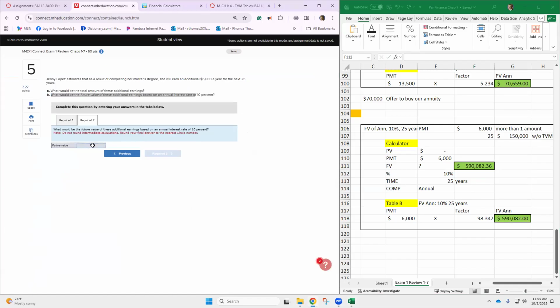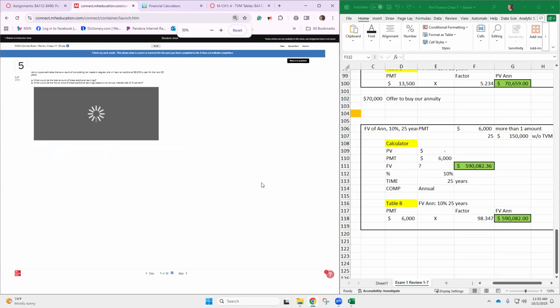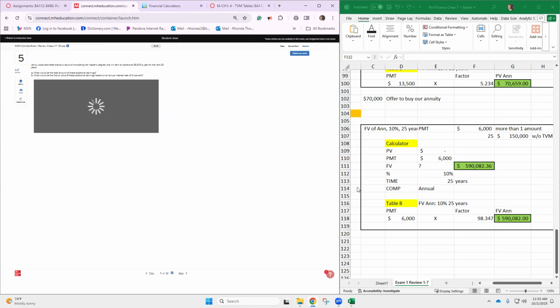And I'm going to put that in. So quite a bit more value once you've applied time value of money to it. Okay, now let me check it. Okay, good. Very good. That was number 5.